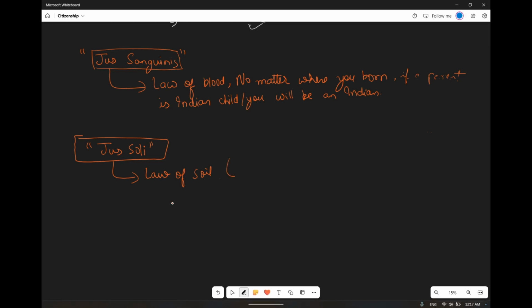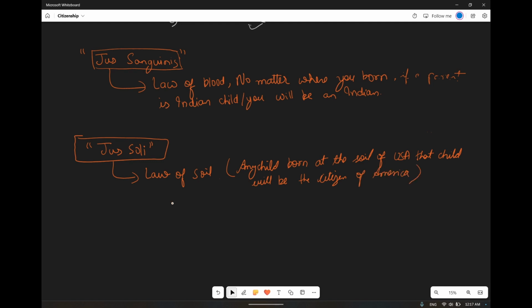It means any child born on the soil of USA will be a citizen of America.